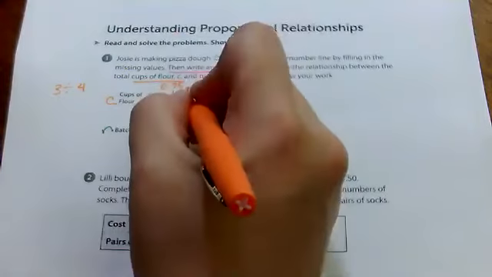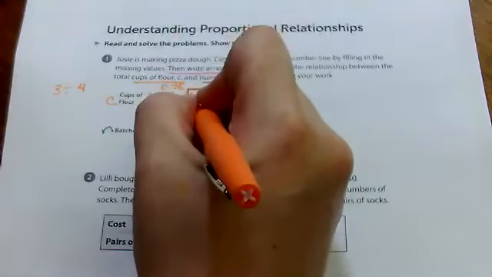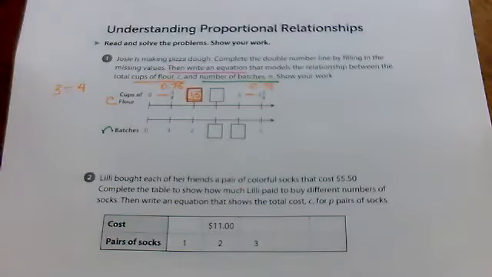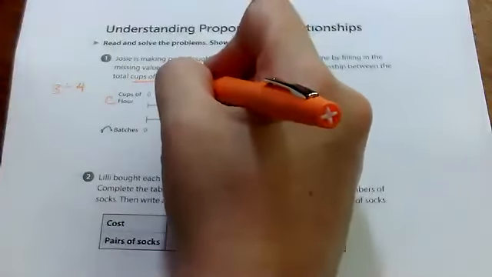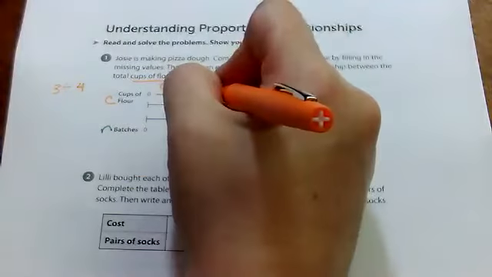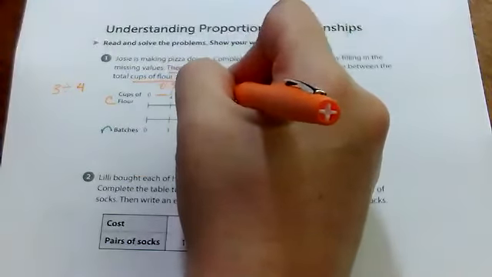And that's going to give me 1.5. So how am I going to figure out the next one? What am I going to add to 1.5? We've already figured out our constant, which is 0.75. So I'm going to say 1.5 plus 0.75. And in my calculator, that's going to give me 2.25.